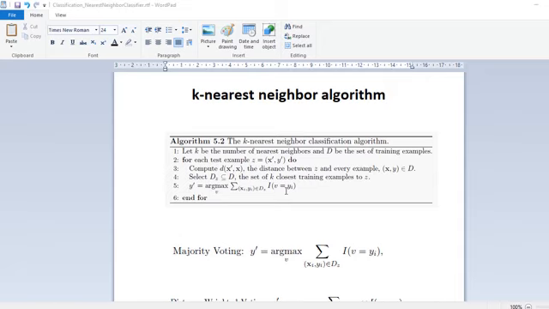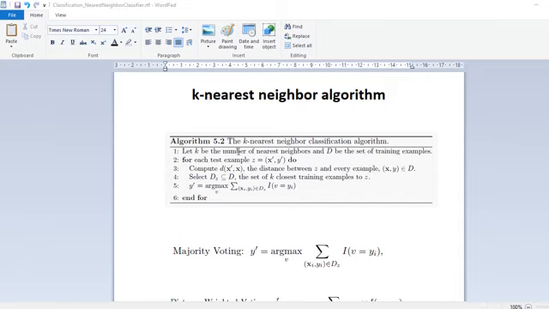Please remember that the indicator function works on discrete target values or discrete labels. If it is continuous values, then we have to go for a continuous valued matching function. But here we take whether the class label matches or not. If the majority of them are matching, then we return the value as 1, otherwise 0.